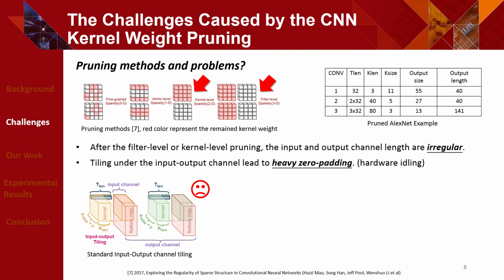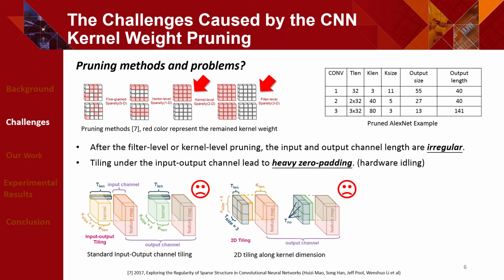However, when the CNN is pruned, in the AlexNet case the first convolution layer will be reduced to a channel length of 40. Then if you still tile along a fixed 32 input-output channel length, you will require a lot of zero padding, which wastes a lot of hardware resources that do not contribute during computation.